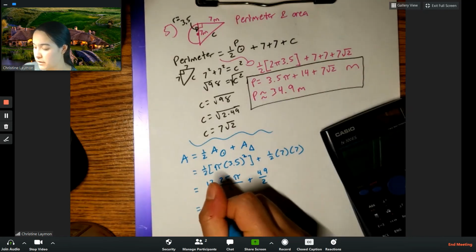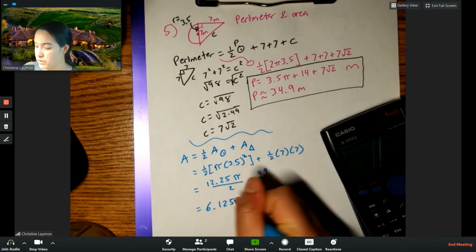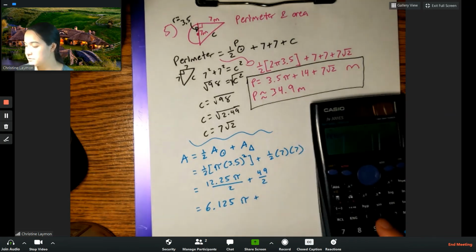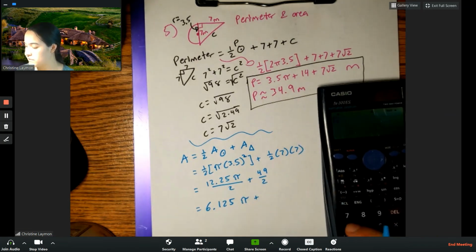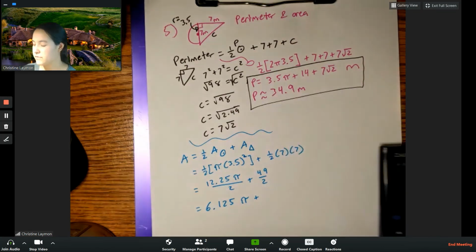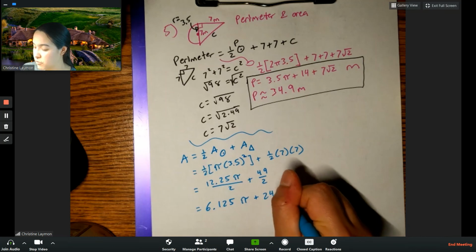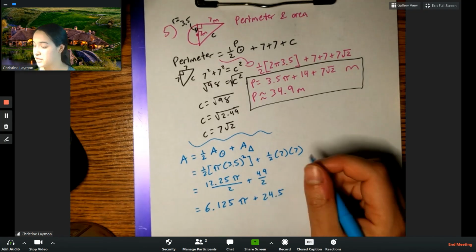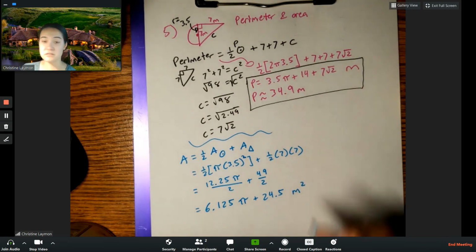So over here I have 6.125 pi plus, and 49 divided by 2, that's your 24.5. So plus 24.5. So that would be the exact form. And again, this here is going to be meters squared.